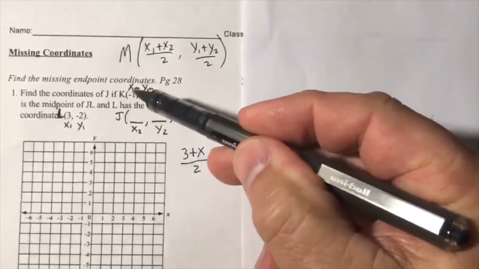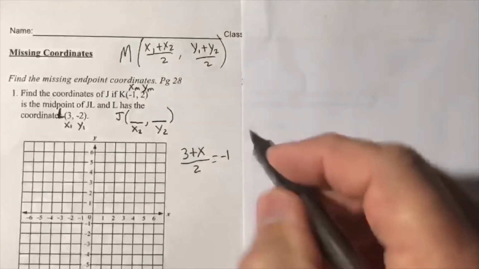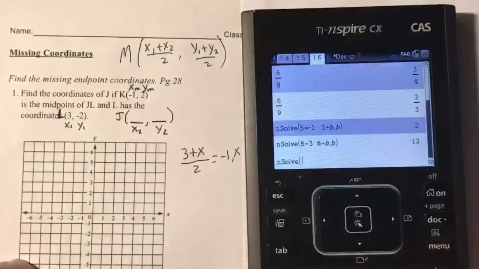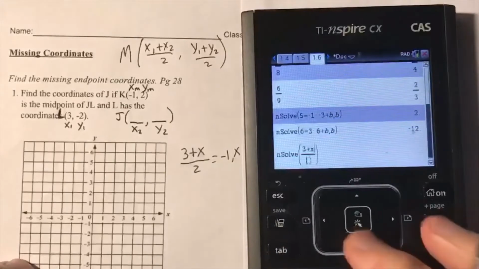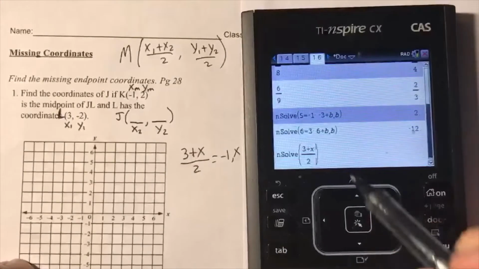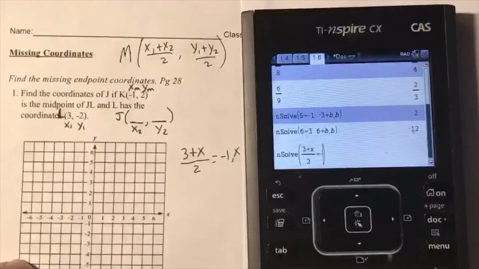We already know the midpoint is negative 1. And then all you have to do here is comma X. So control divide and put the 3 plus X, and then over 2, and then arrow out right here. Make sure you arrow out of the denominator, put your equal sign and your negative 1, and then comma X.